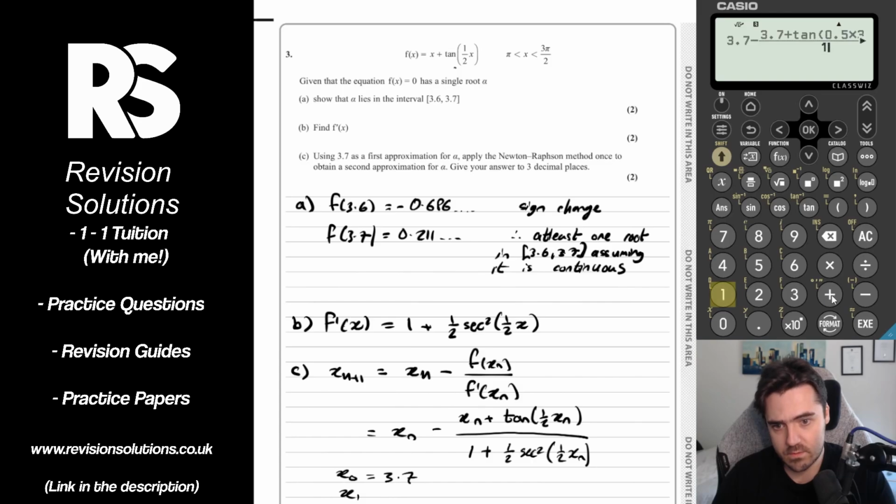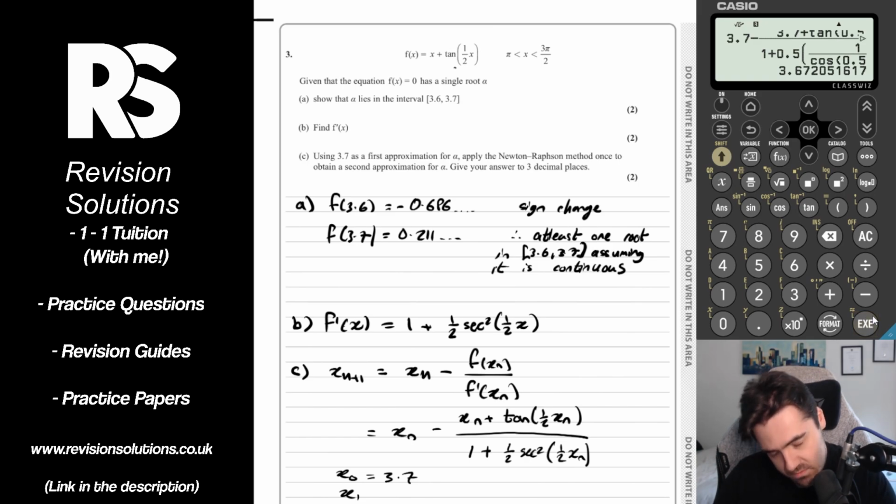Then we've got 1 plus 0.5. And then to get a sec squared, what I'll do is have a bracket, and then we'll just do 1 over cos of 0.5 times 3.7. Close that bracket, then close the big bracket, and then we need to square all that to make it a sec squared. Which gives us that, and we want to round to 3 decimal places. That would be 3.672.